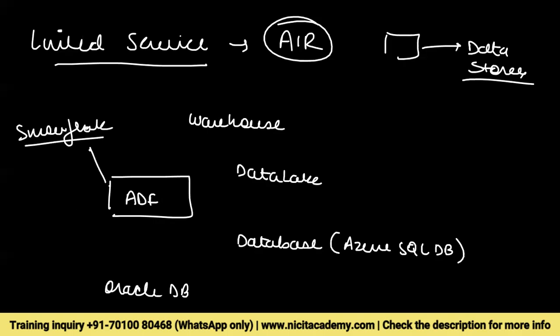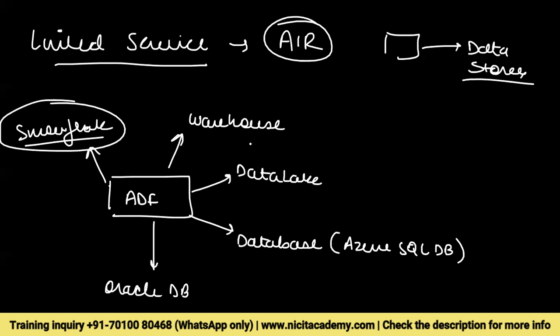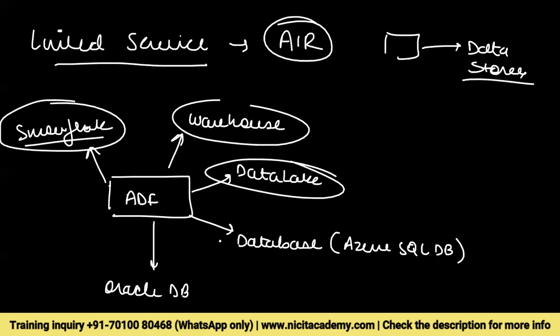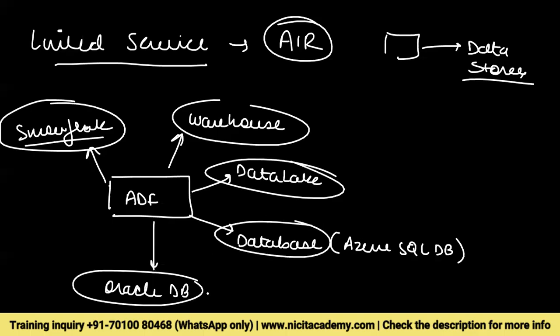So this is one connection, this is one connection, and so on. From ADF, the service that lets you connect to these different data stores is called a linked service. We've already created many linked services. We have connected to a SQL data warehouse, a data lake, and an Azure SQL database. These three linked services we have already seen, correct?